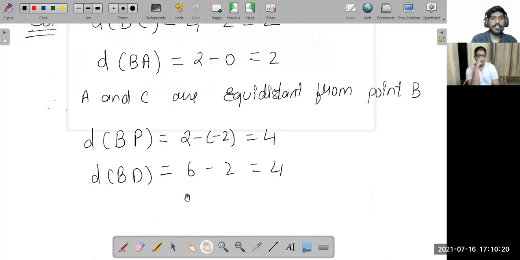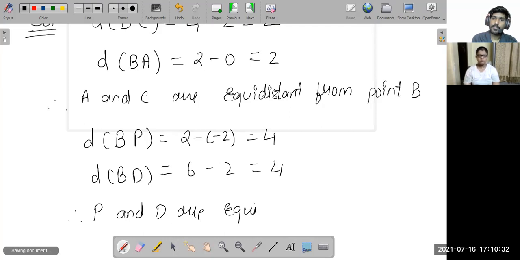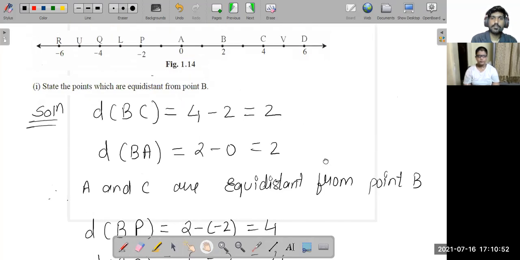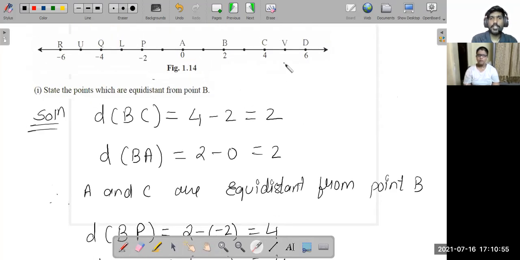Correct. So from here, we can say that, therefore, P and D are equidistant from B. Is there any more? You can try counting the units also.